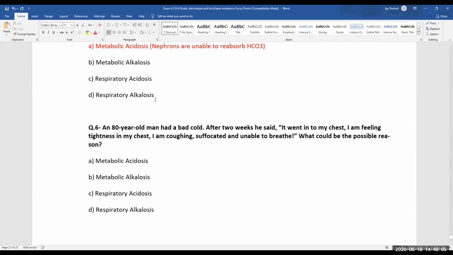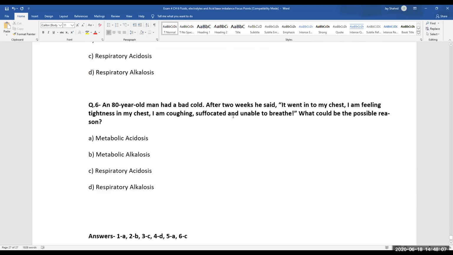What about this? Respiratory acidosis. Why is that?